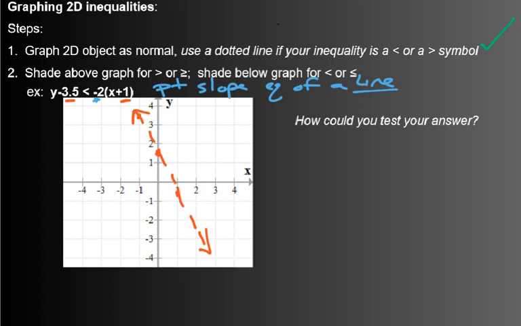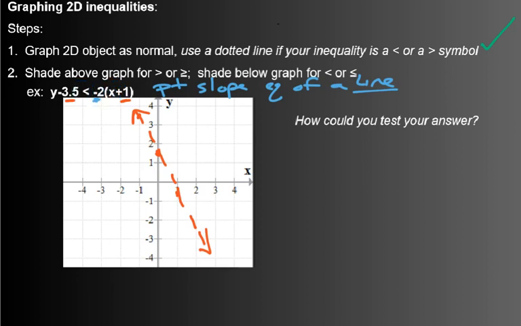And then for the shading, it's a less than, so you're below the line. Really the way to do this is you need to check, it's basically saying what y values, you need to shade the y values that are less than this line that we just drew.